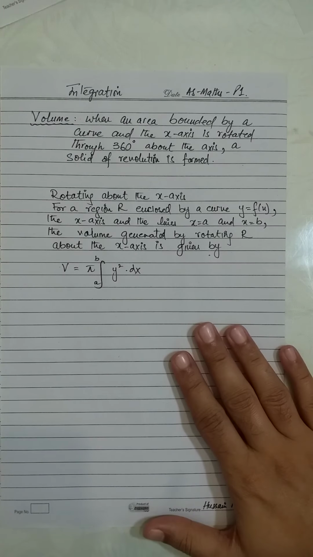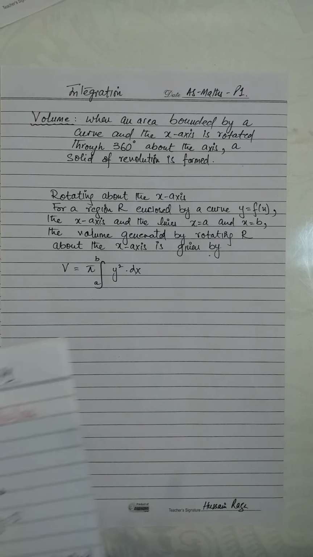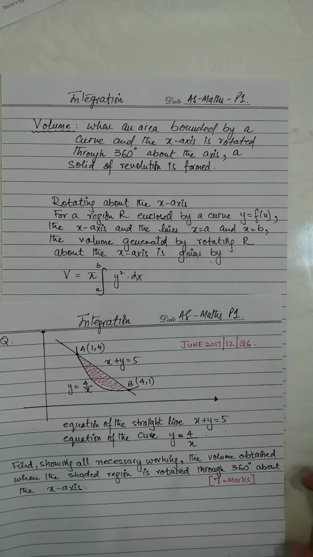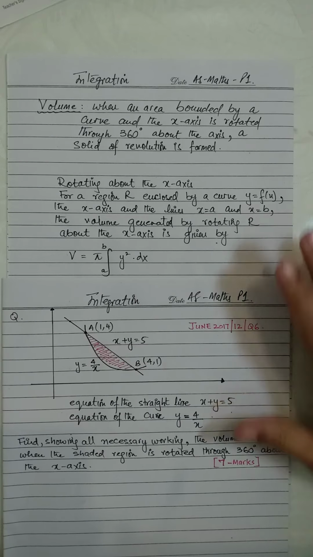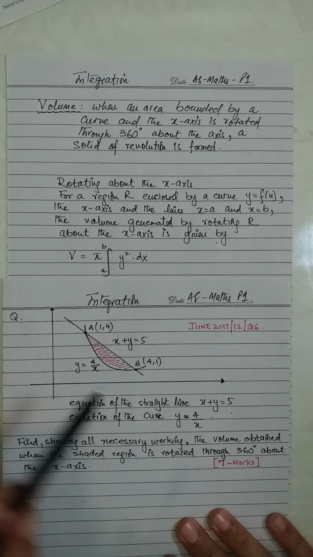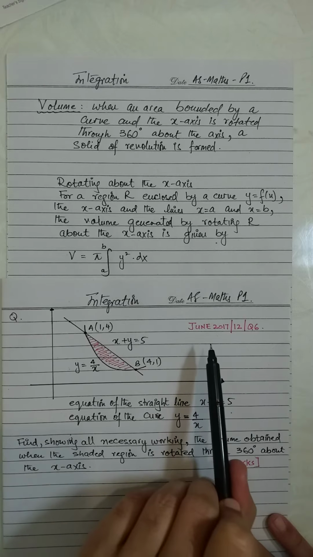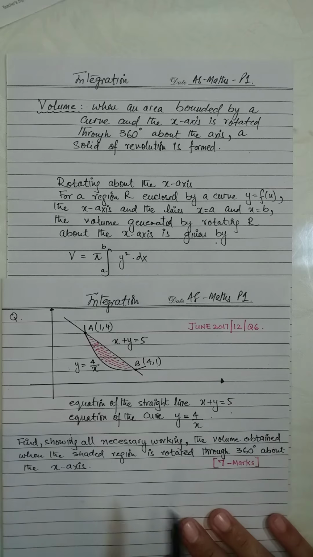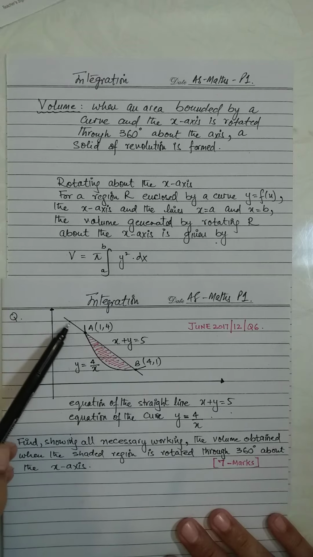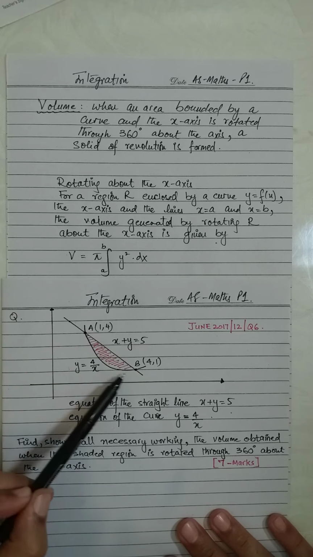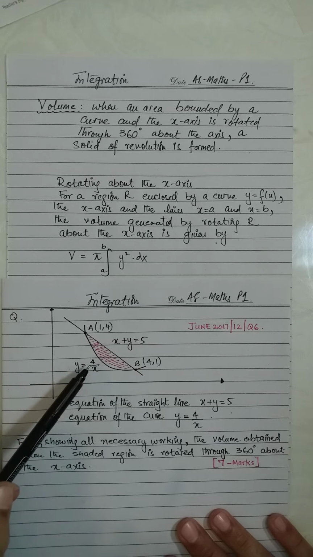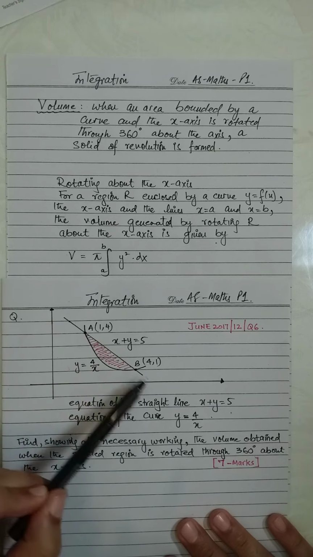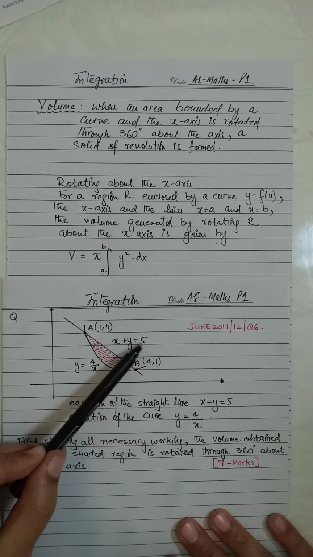Using the same concept of volume over here, I've taken out one question for volume, which is this. Now let's read this. This question is taken from June 2017, variant 1-2, question number 6. Over here we see a straight line and we see a curve. The curve has the equation y equals 4 over x. The straight line has the equation x plus y equals 5.